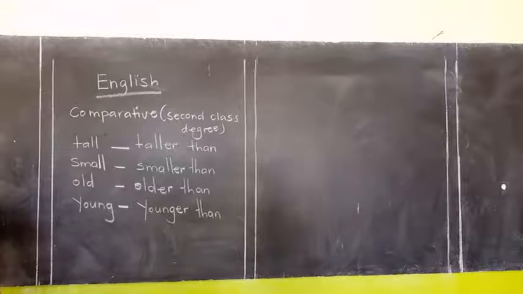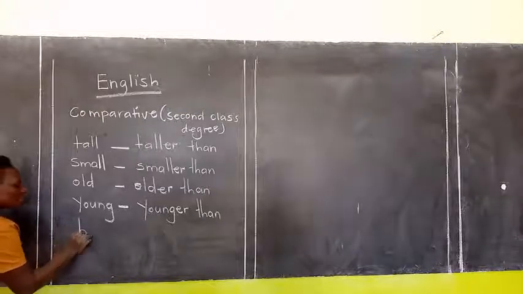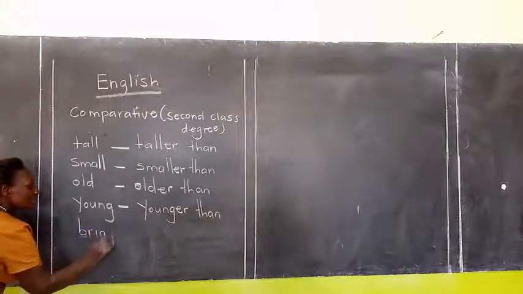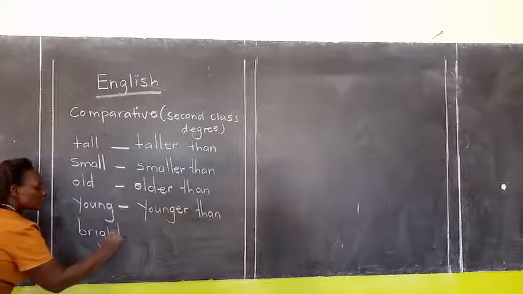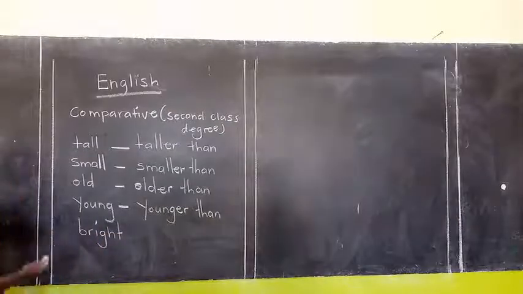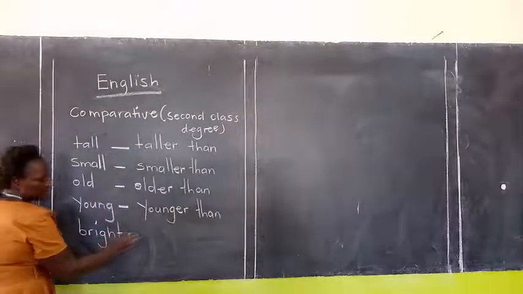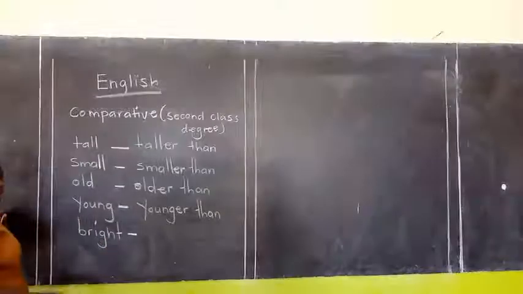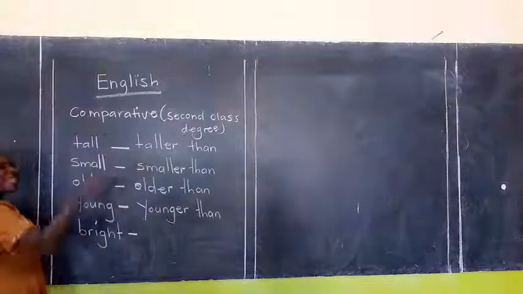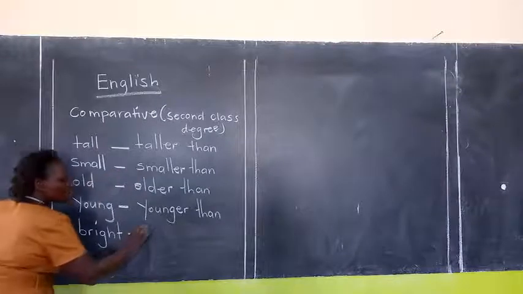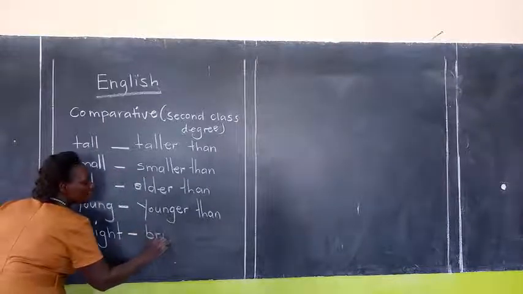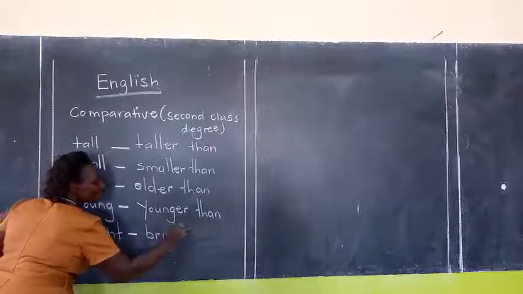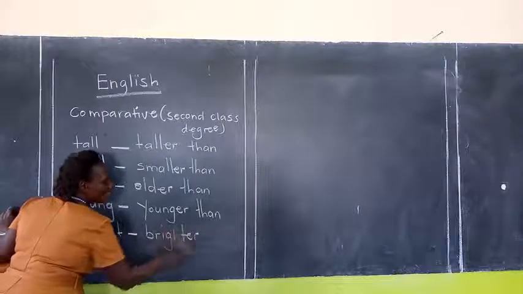Then you might have bright. Those quick achievers, somebody who perceives very fast. Bright. Then when you are comparing the two, though this one is bright, the other one is extreme. Brighter than.